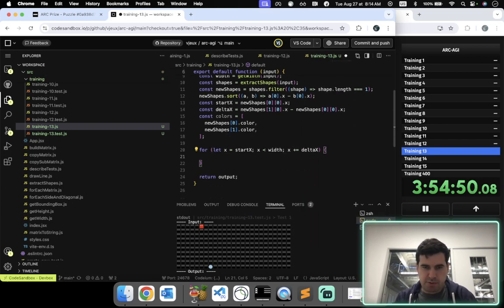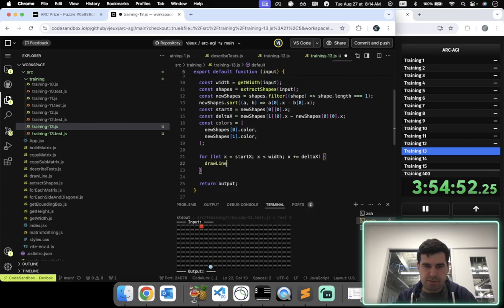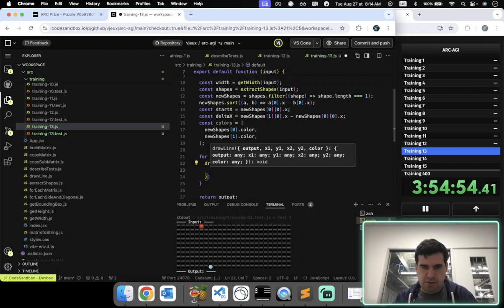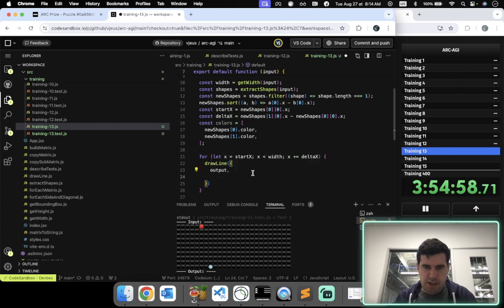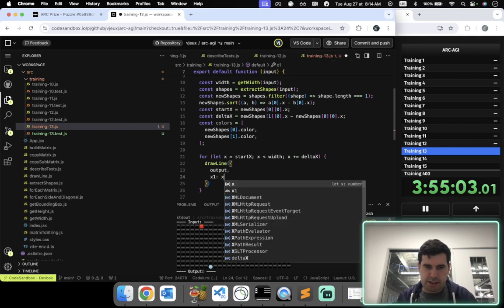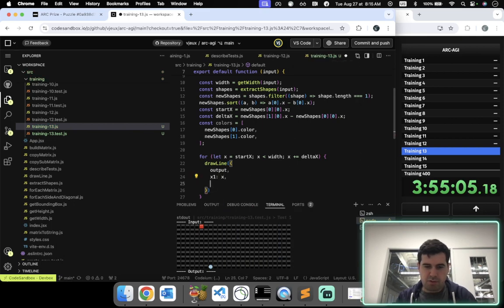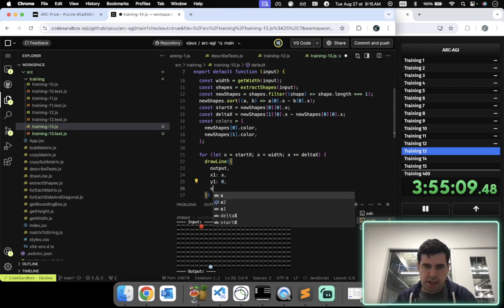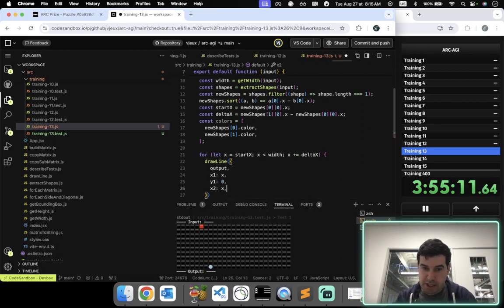And so now what we do is we draw line. So draw line, so the output. And so x1 equal x. So y1 equals 0. x2 equals still x.